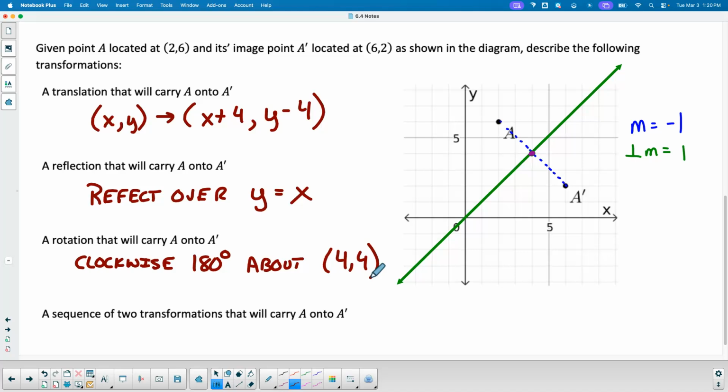So we can either say rotate it clockwise 180 degrees about, or you could say around the point 4, 4. So you have to have three parts for a rotation: direction, angle, and what point you're rotating it around. Okay? Love it.